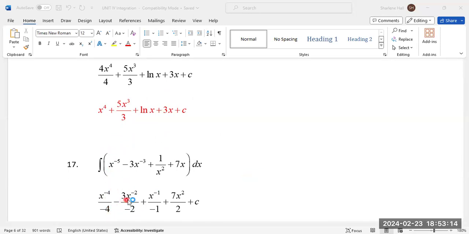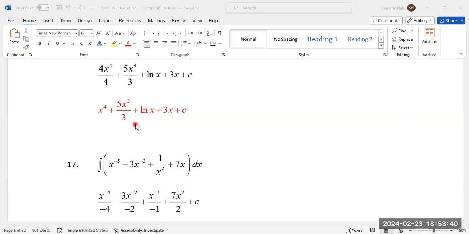Also negative 3x to the negative 2 over negative 2, but this term is not correct, because I converted this term from 1 over x squared to x to the minus 2. So x to the minus 2, I add 1 and get x to the minus 1 over minus 1.